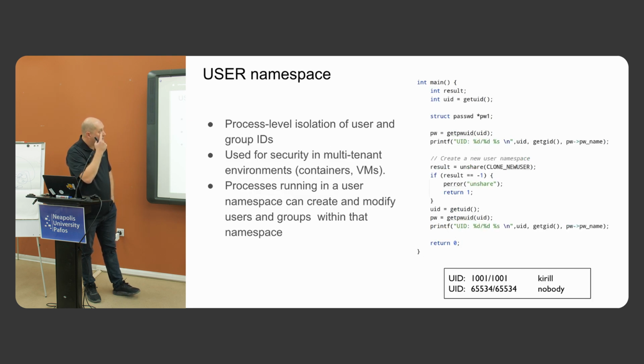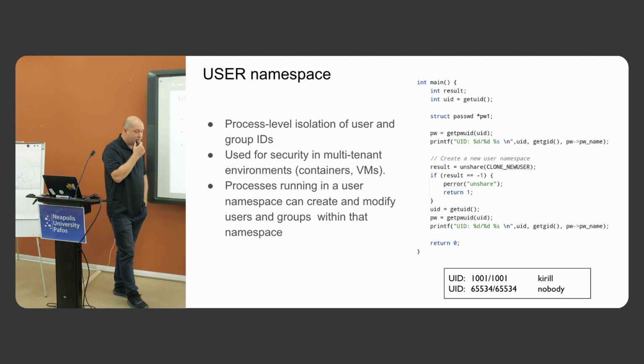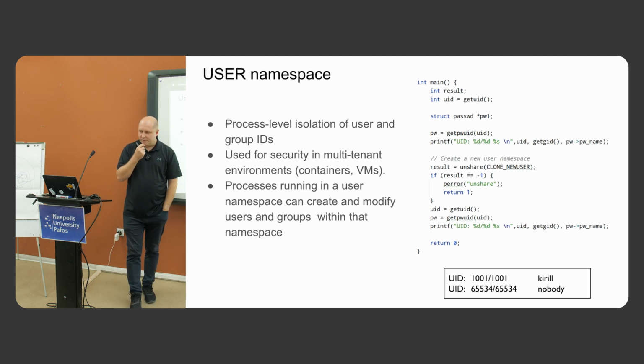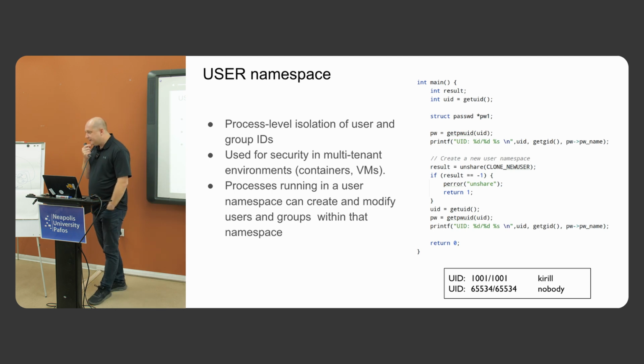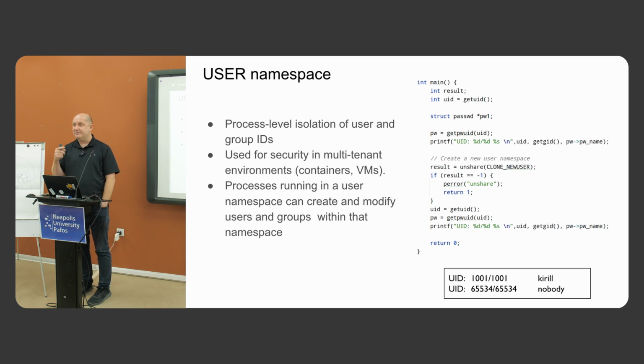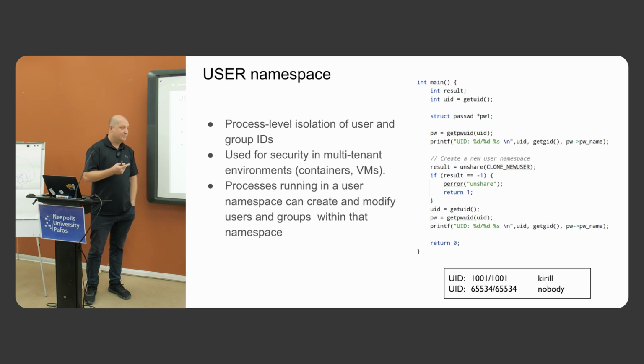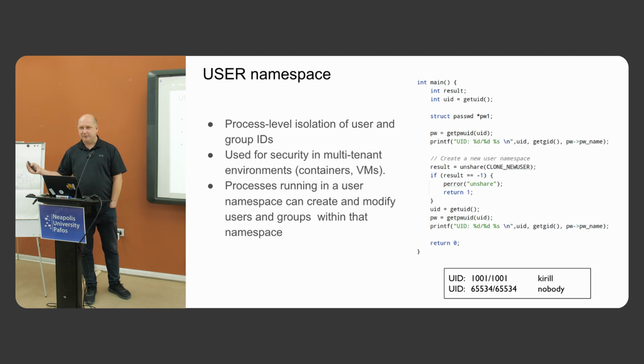User namespace. User namespace is related to user ID and username. So if I am some kind of user, I can run something like whoami. I will see my user ID, my group ID, my name, and so on, right?